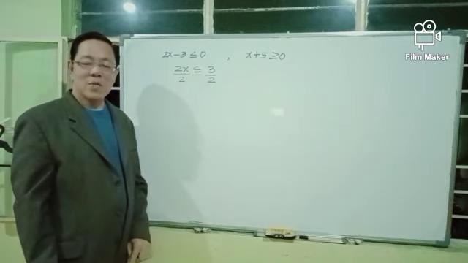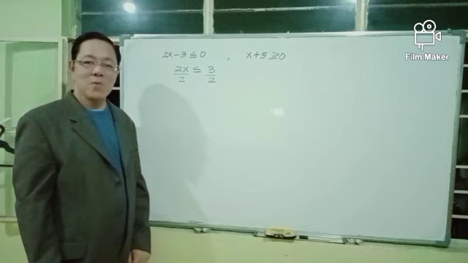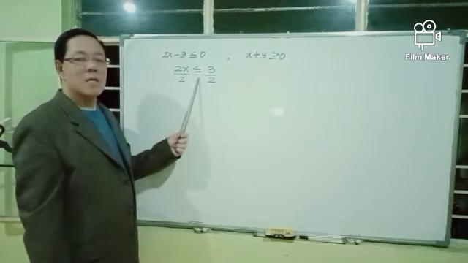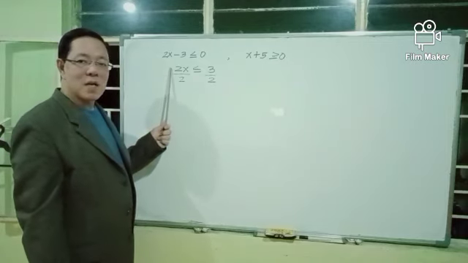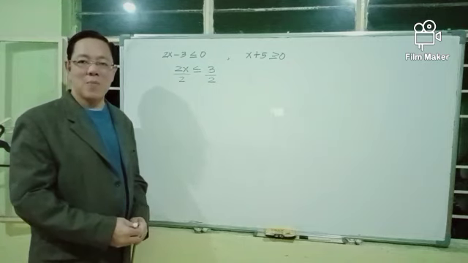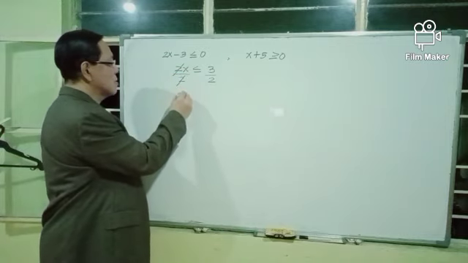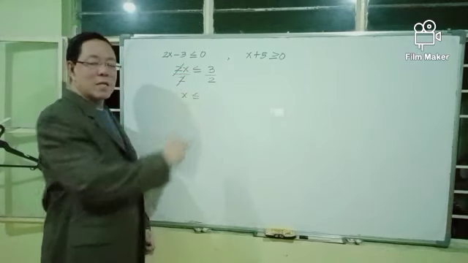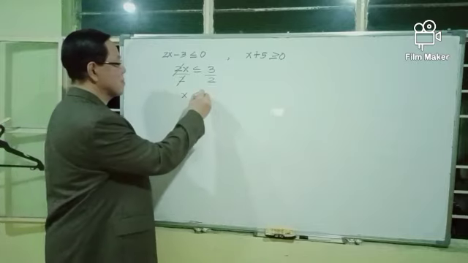That is another property of inequality: if you divide both sides of an inequality by a positive real number, the inequality remains the same, less than or equal to. On the left hand side, 2 divided by 2 is 1, or we simply cancel out 2. At the right hand side, we have 3 over 2, or 1.5.